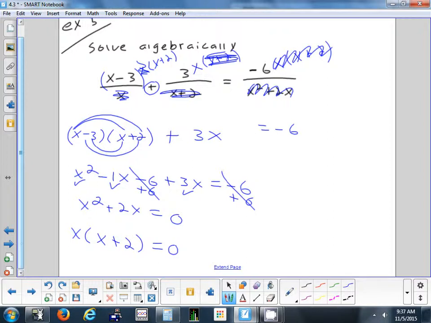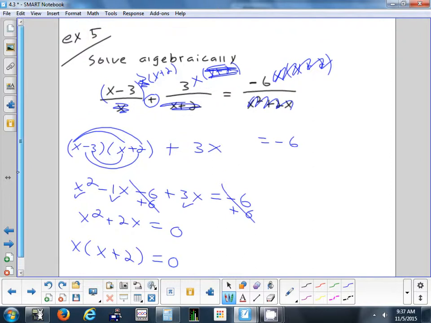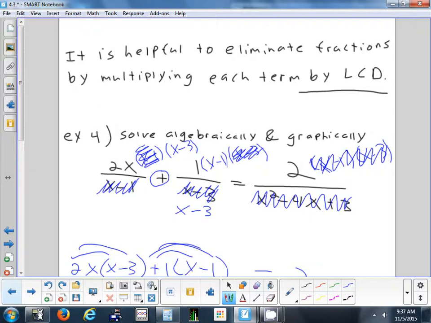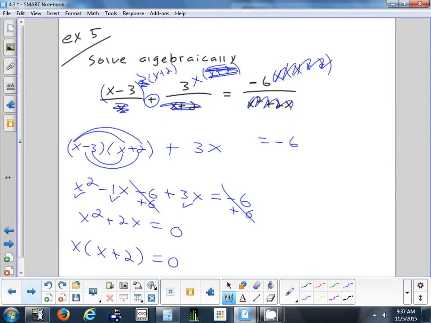First problem, didn't it start as negative 6x? The last problem we did? Negative 6. No, the problem that we were just doing, it started as negative 6x. I'm pretty sure. No, that was just negative 6.